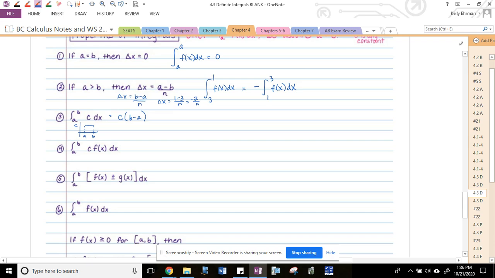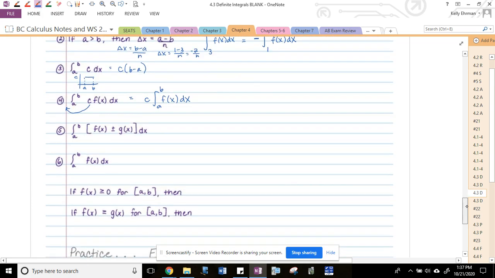I said b minus a because I'm assuming b is larger than a, by the way. If you have a constant with an f of x, this is just a rule. You are allowed to pull the constant out in front. We talked about that with indefinite integrals too. So it's still the same even with definite integrals.